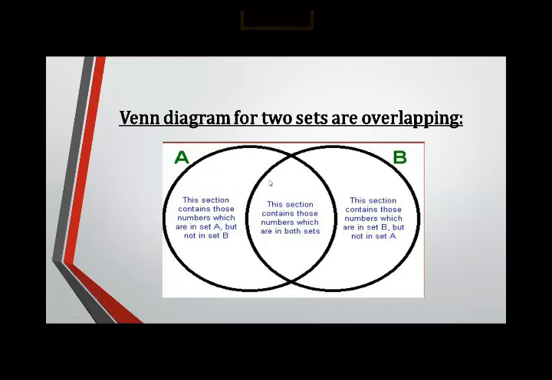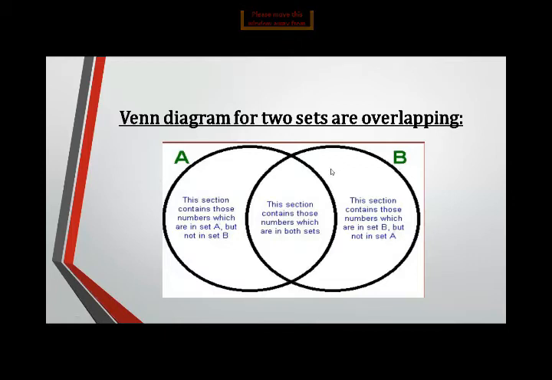Now the central part of these circles which are overlapping each other, this section contains those numbers which are in both sets. I repeat it, students, please listen carefully. The central part of both overlapping circles contains those numbers which are in both sets.